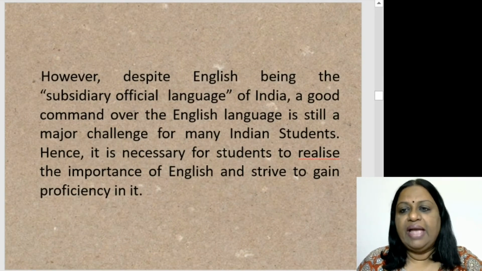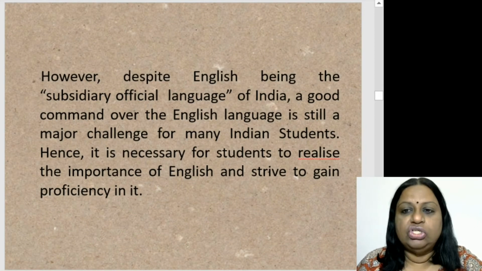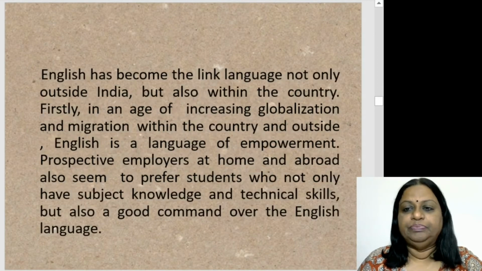However, despite English being the subsidiary official language of India, a good command over English language is still a major challenge for many Indian students. Hence, it is necessary for students to realize the importance of English and strive to gain proficiency in it.